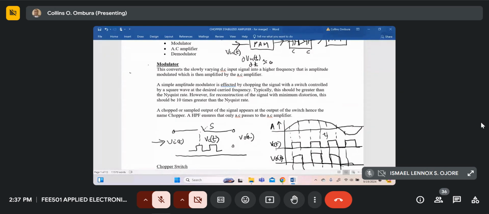There'll be some almost rectangular waveforms at the output, which are chopped versions of the top input signal. And that is actually a pulse amplitude modulated signal.